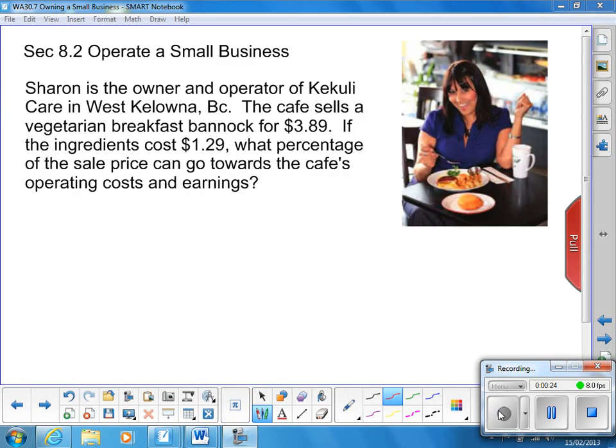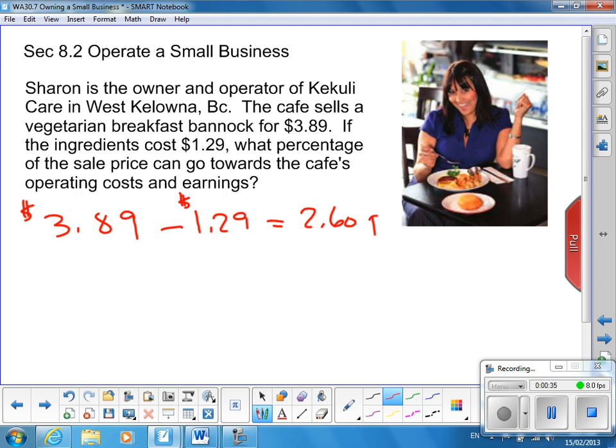Well, we would take how much you sell the bannock for, subtract how much it costs to make it, and it's $2.60 profit per bannock. Okay, so what percentage is profit?